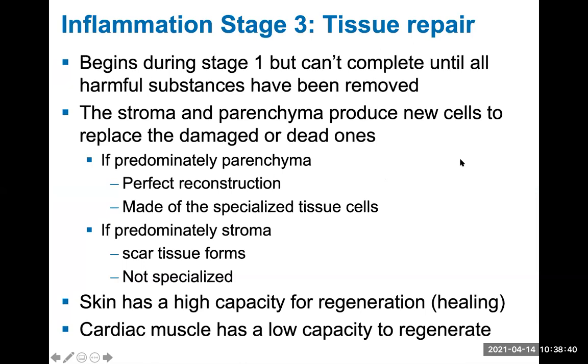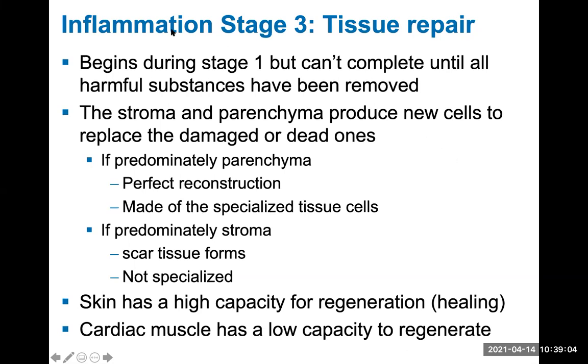So after the phagocytes have their margination, diapedesis, and they perform all their phagocytosis, and the issue is resolved. All microbes are gone, dead, all the whatever damaging agent might have been present has been taken care of, then tissue repair can finish.